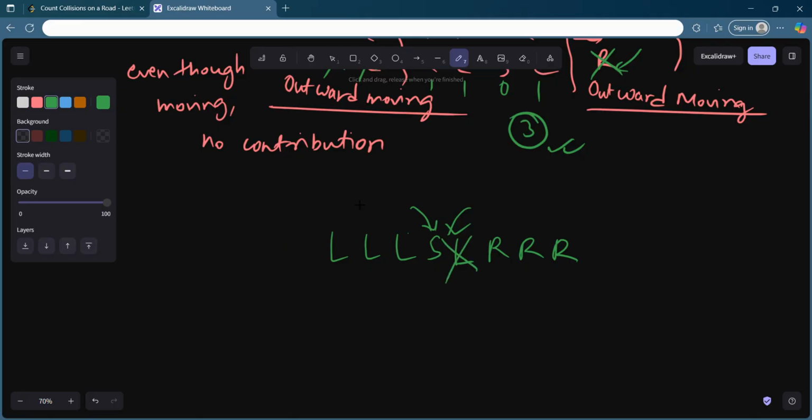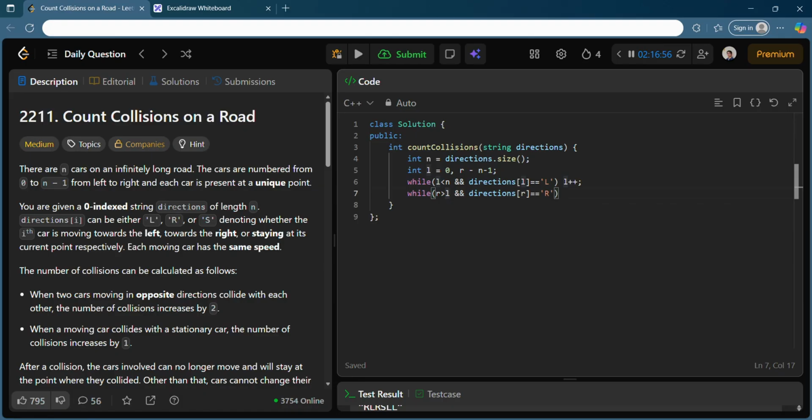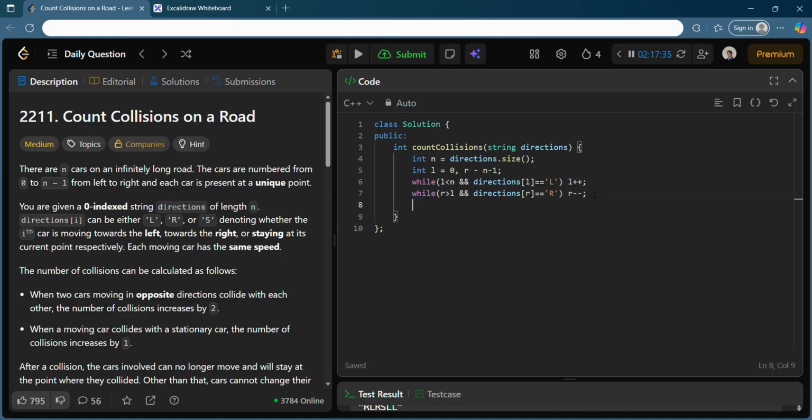What if this was not there? Anyways, they would have contributed 0. So no matter what you do, it will just work fine, I guess. So you move your left and right pointers, and the answer you have is 0.